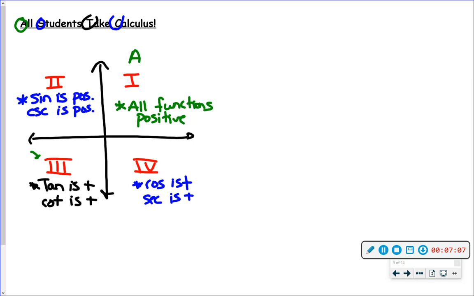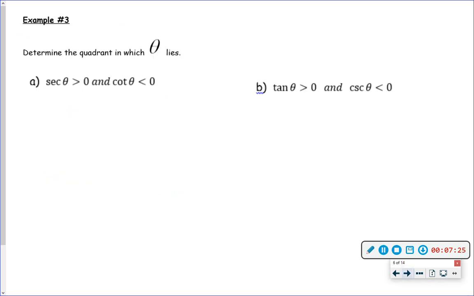Now, let's say we're talking about sine. We want to know where sine is negative. Well, sine is positive in 1 and 2. So therefore, sine would be negative in 3 and 4. The opposite quadrants. So that's what we're going to use to help us figure out where to draw some of these triangles coming up. So determine the quadrant in which theta lies.